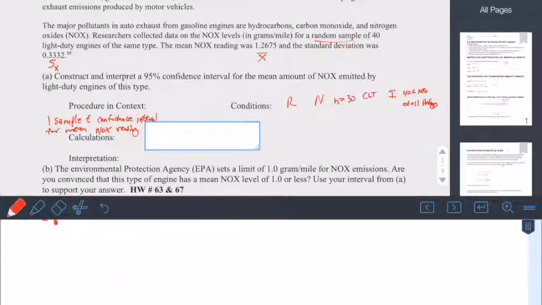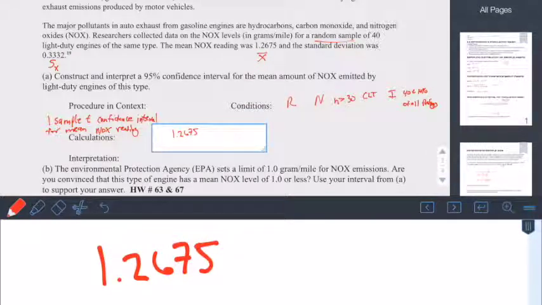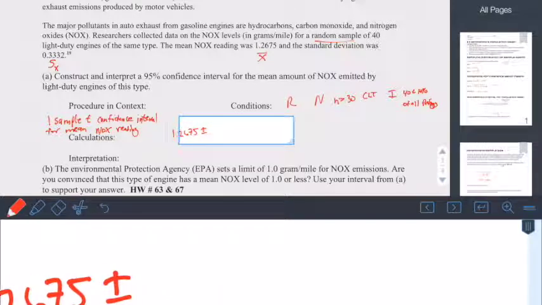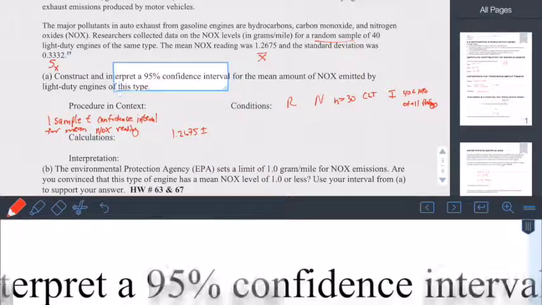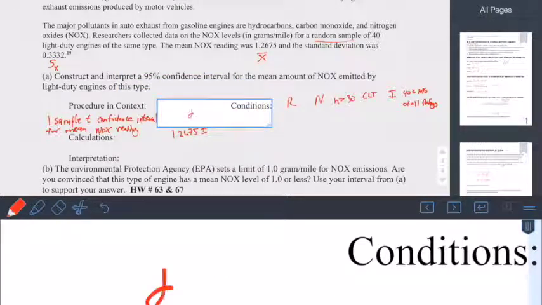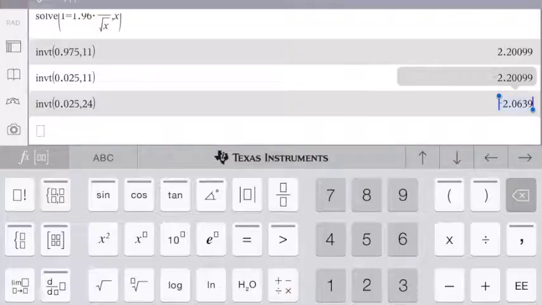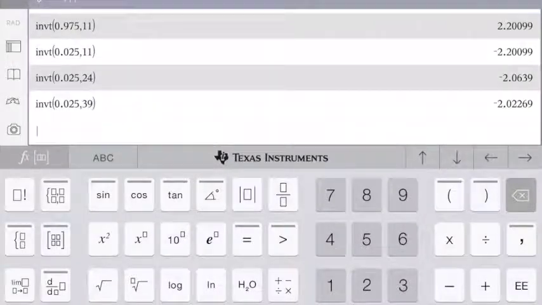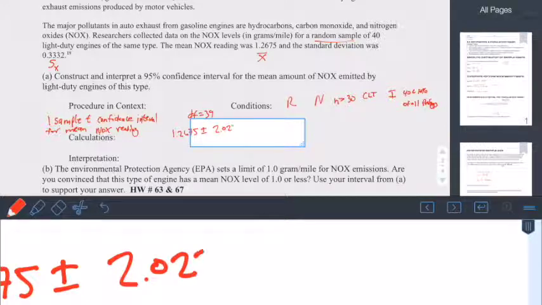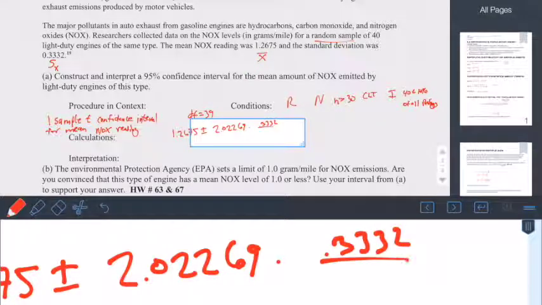And our calculations, so we have our x bar, 1.2675, plus or minus our t star. Our t star was 95%, and the degrees of freedom is 39 because we had 40, n minus 1. So 2.02269 times our standard deviation 0.3332 over square root of n, so square root of 40.